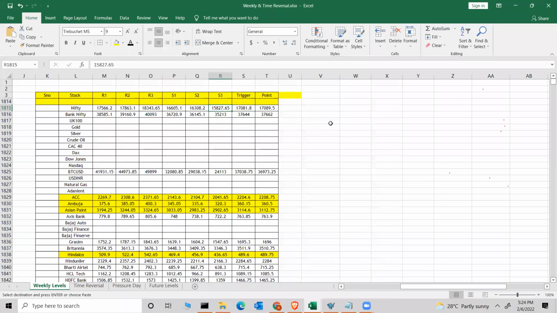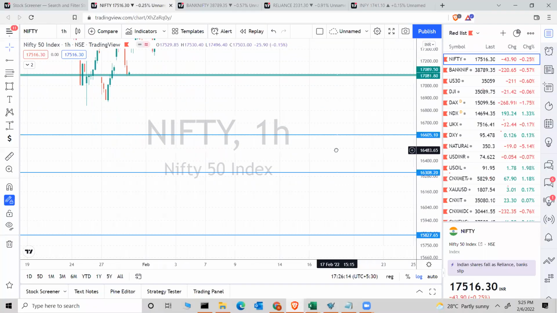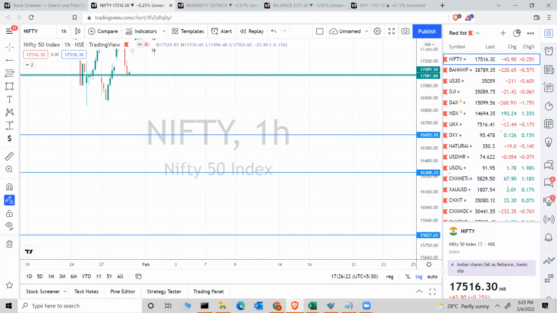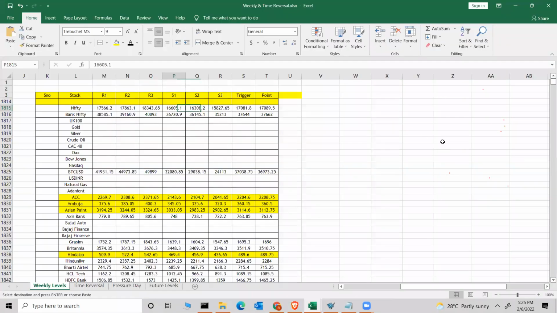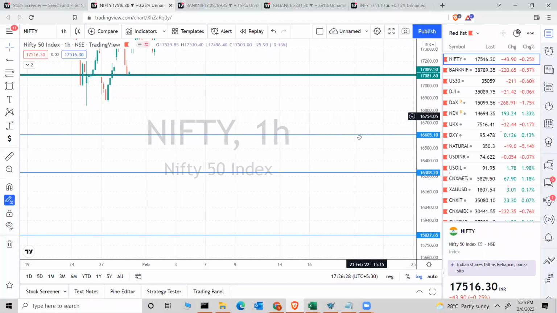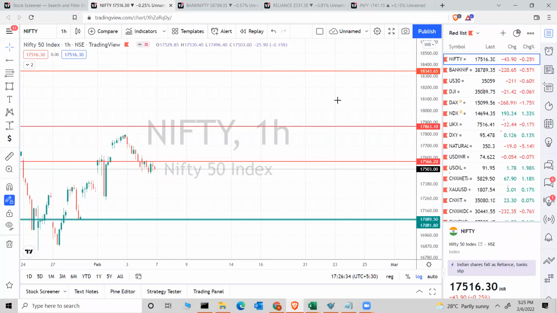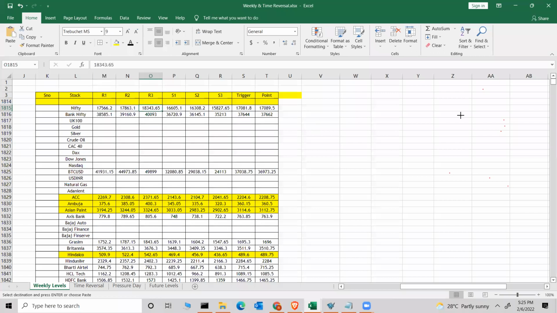So here, S3 is 15827, followed by S2, 16308, and then S1, which is 16605, and the same with the resistances: R1 is 17561, and the third one is 18343.